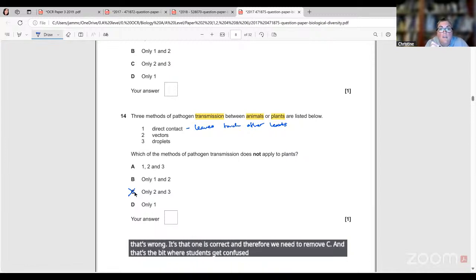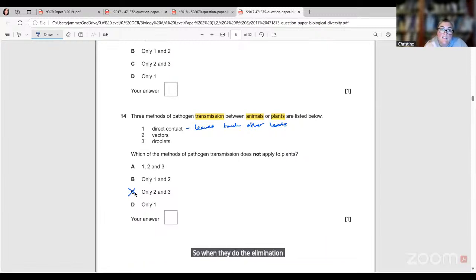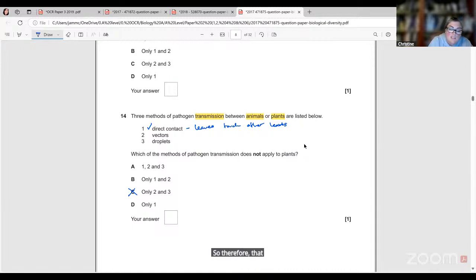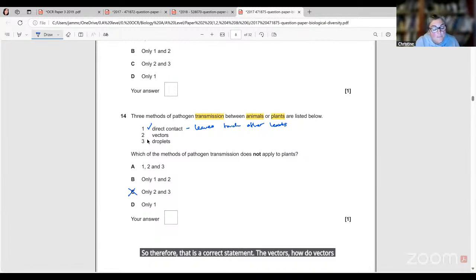They think they are answering it, but actually they're eliminating the wrong answers. So when they do the elimination process, you have to take the time and think about which ones are actually correct for the statement. One is a correct one: direct contact does happen and does apply to plants. So that is a correct statement. The vectors, how do vectors pass on the pathogen?